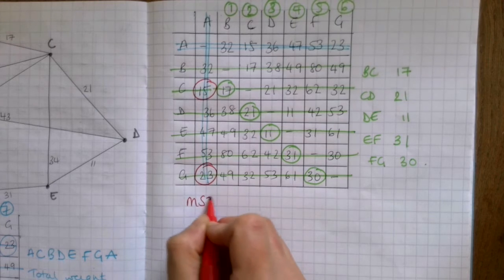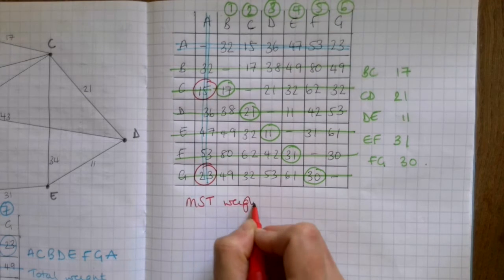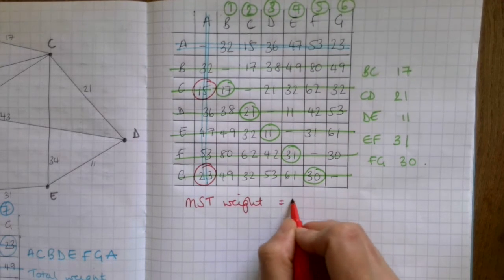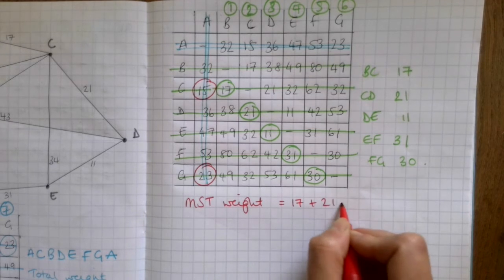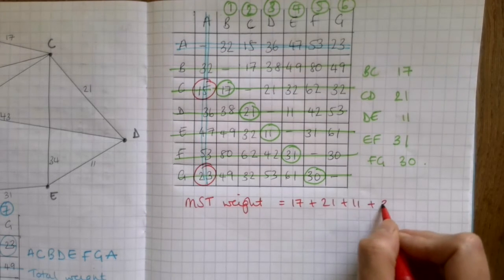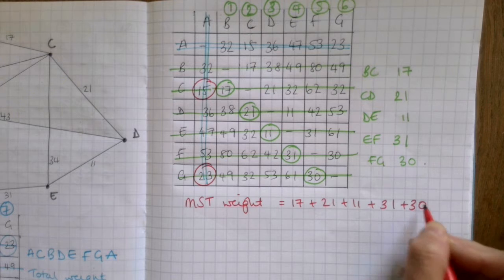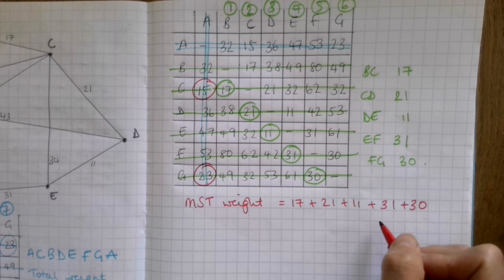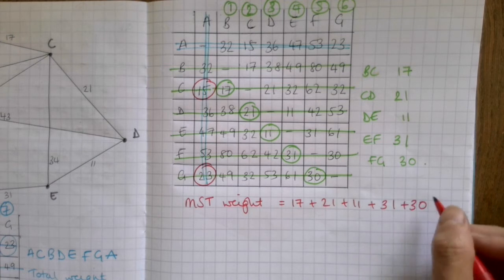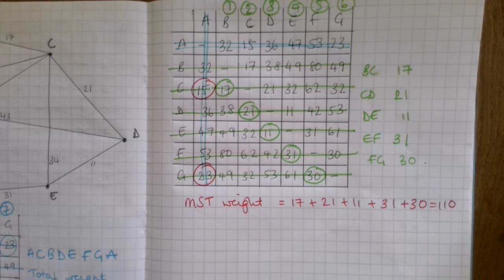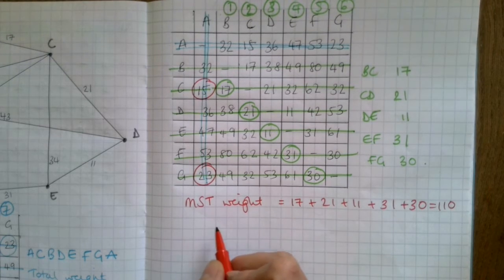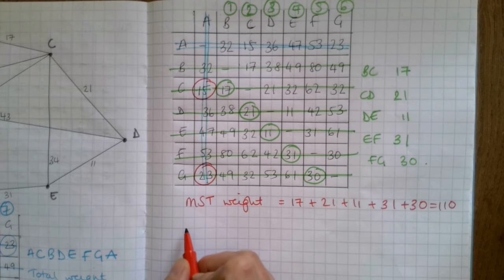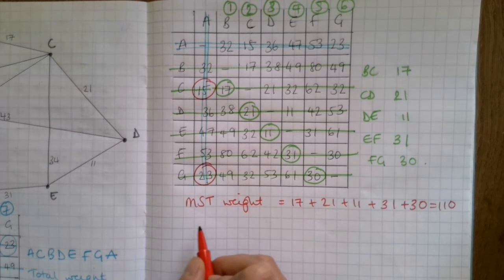So the minimum spanning tree weight is 17 plus 21 and so on, 110. And then we'd want to add in the 15 and the 23.